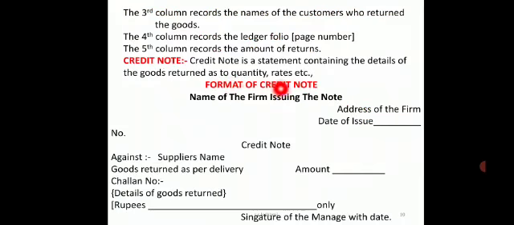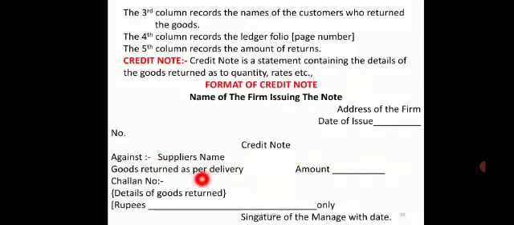Now you have a format of the credit note. You have the firm name of the issuing company, then to whom it is returned, so the address of the returnee. Next, the customer's name, the one who is returning goods to us, is written.